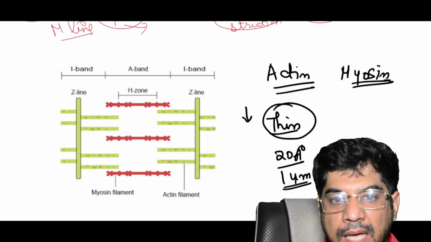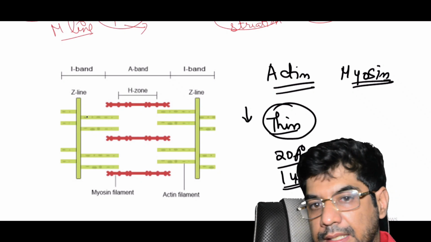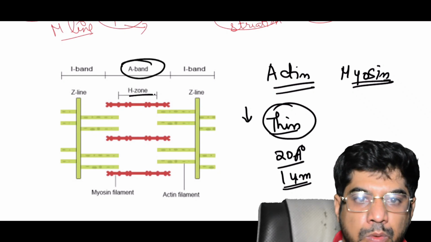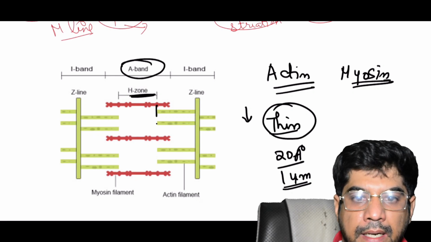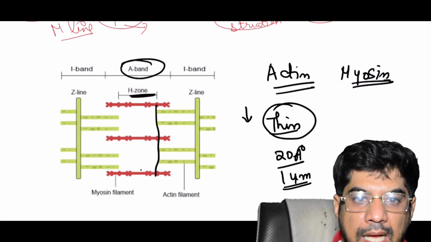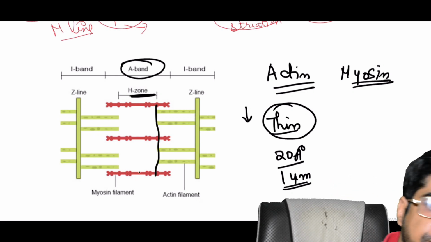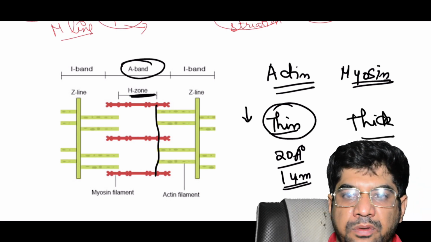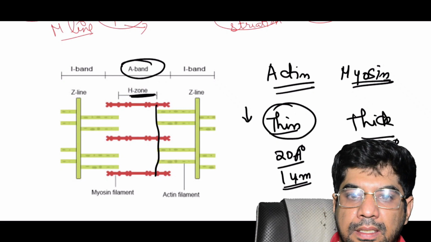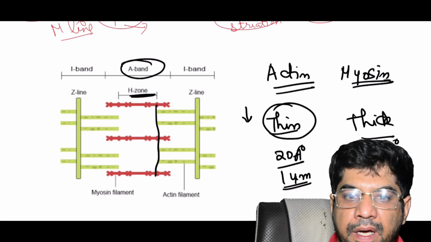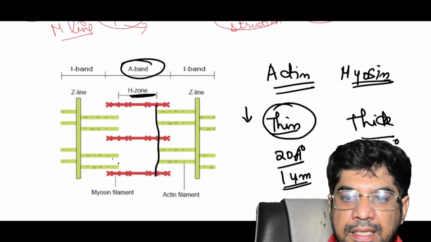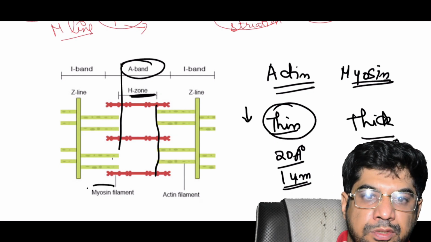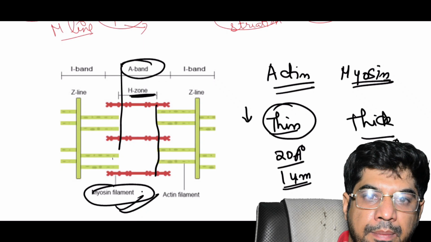They extend from either side of the Z line, run across the I band and enter into the A band up to the H zone. Whereas the myosin filaments are the thick filaments with a diameter of 115 Angstrom and a length of 1.5 micrometer. These are situated in the A band.